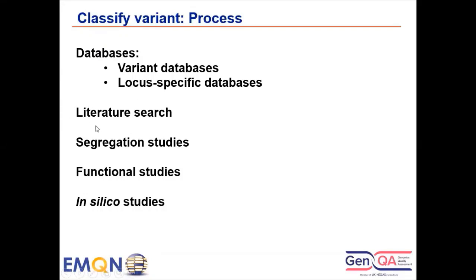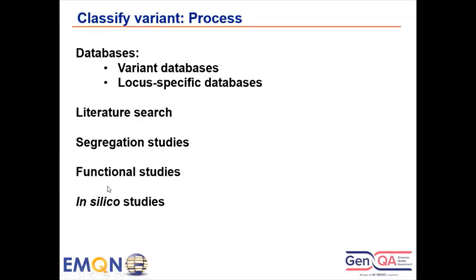It can help you a lot. Segregation studies may be helpful if you do not have relatives available in your own lab, which will often be the case. You can also go to the literature and look up the pedigrees that have been published with your specific variant, and this can also help you in the classification.